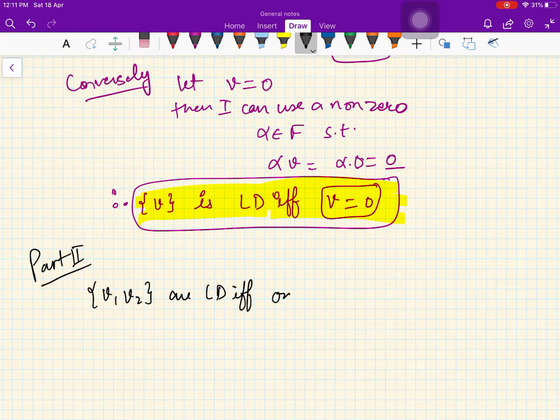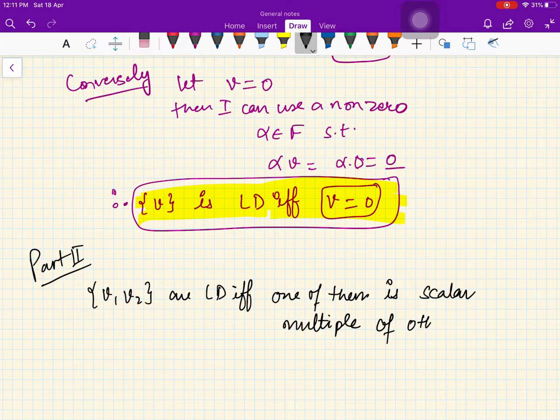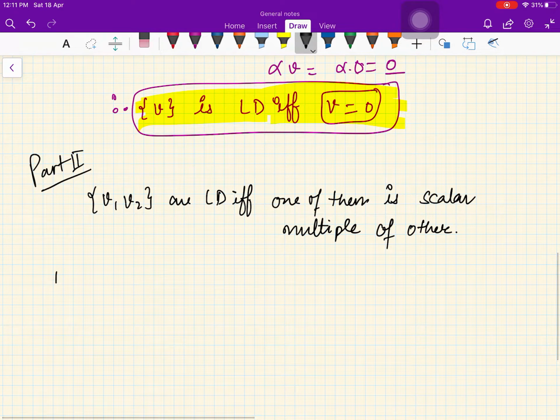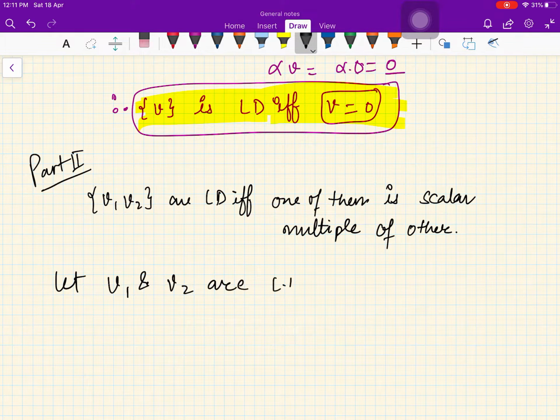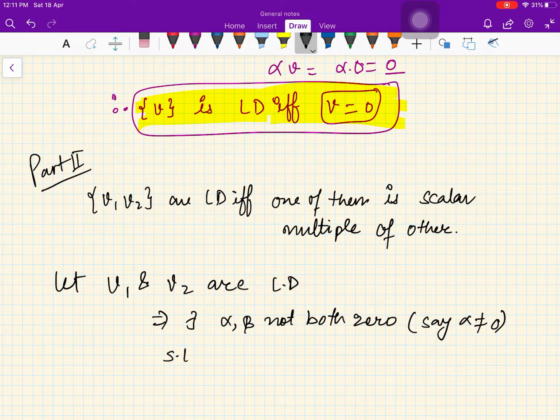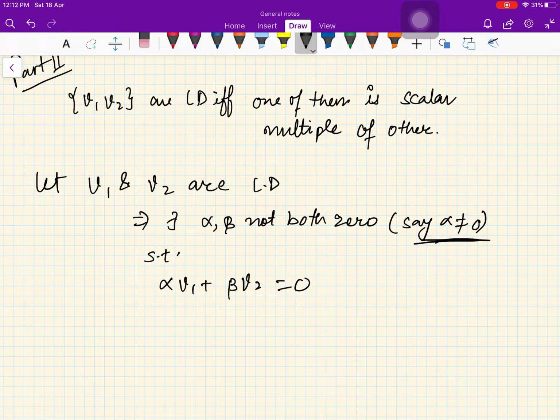Part 2 is that v1 and v2 are linearly dependent if and only if one of them is a scalar multiple of the other, and the same thing can be said as they are collinear. Let us do it. One way: let v1 and v2 be linearly dependent. It means that there exist alpha and beta, not both 0, such that alpha into v1 plus beta into v2 is 0.